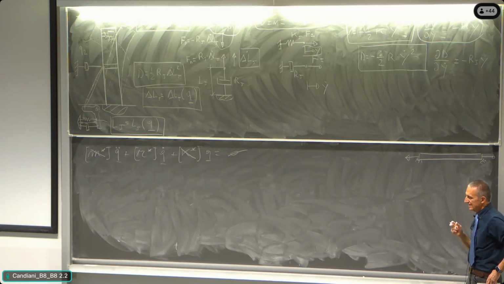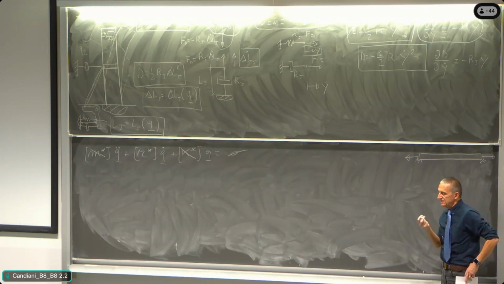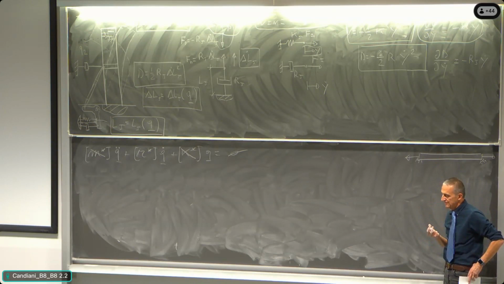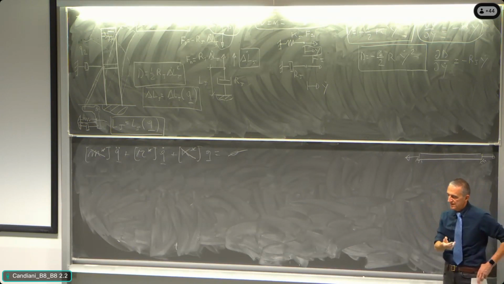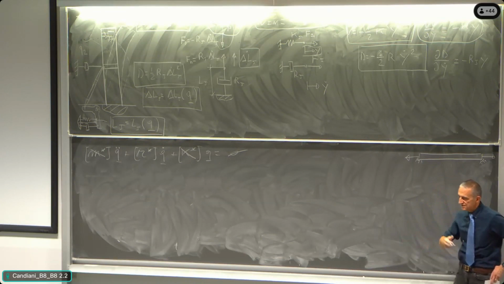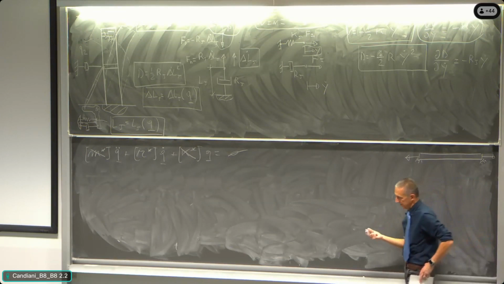So although we do not have a model of the intrinsic distributed damping, we build a simple model that makes evident a link among the distributed mass, the distributed stiffness, and the distributed damping.